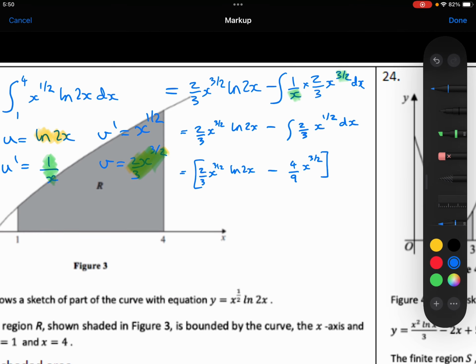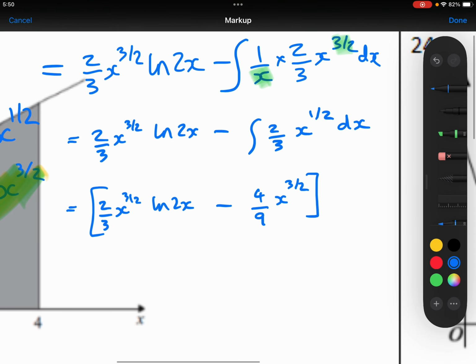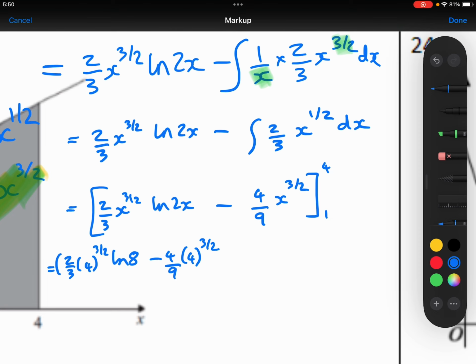Our limits were 1 and 4. So let's substitute each of those in, starting with the 4. 2/3 of 4 to the power 3 over 2. ln of 2 times 4 is 8. Then substituting the 1 in.